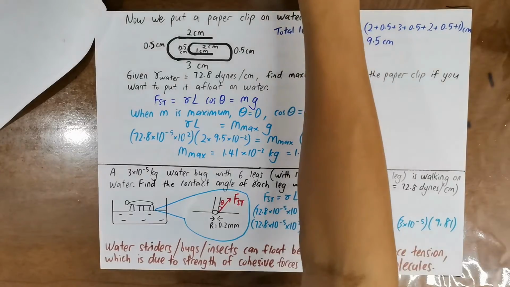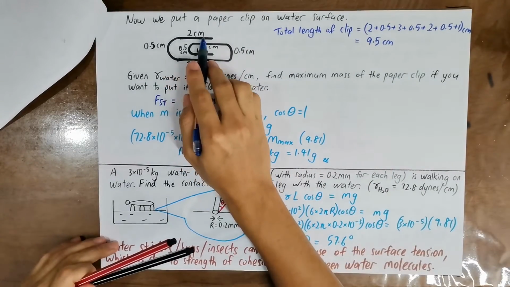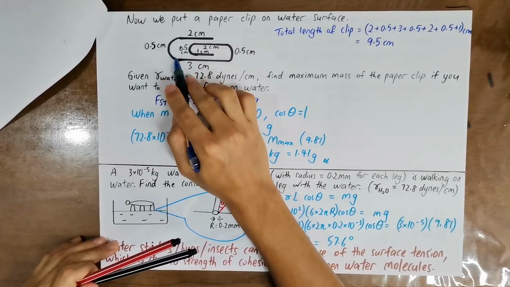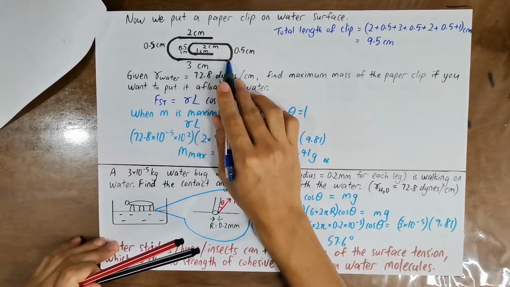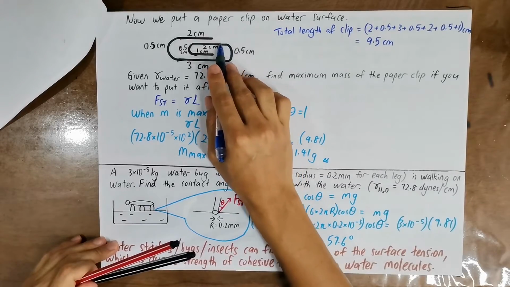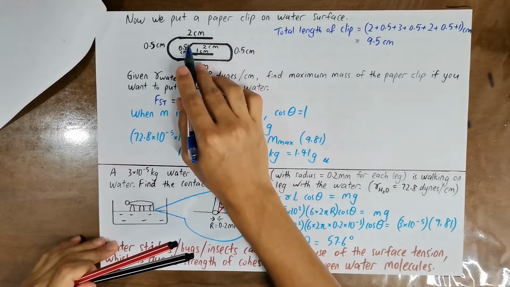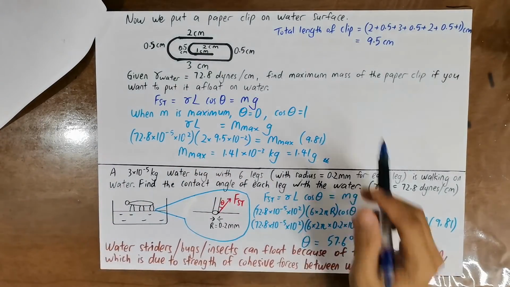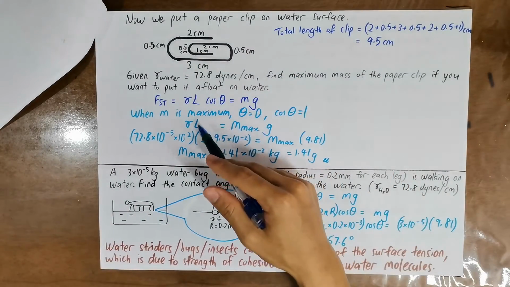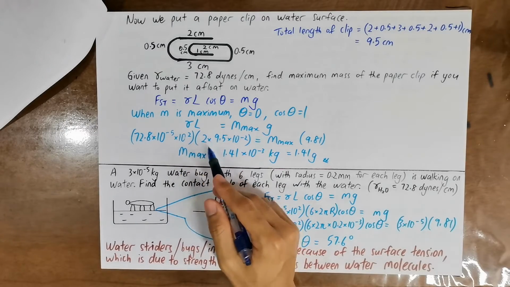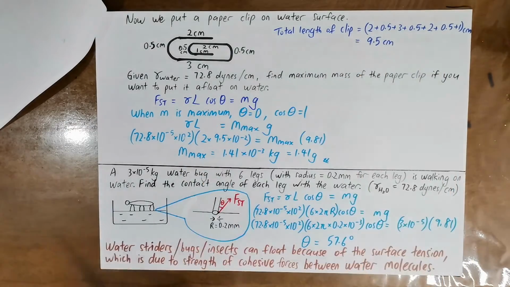The length is here and here, here and here, here and here, and so on. So the effective length is 2 times the total length of the clip.